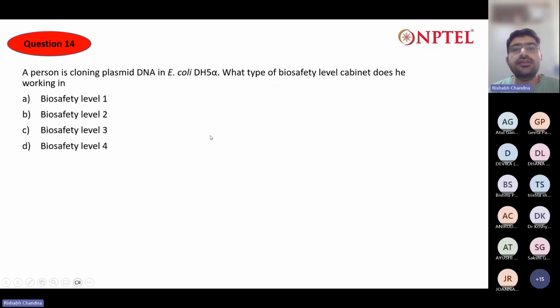So this is related to the biosafety levels that we study for different organisms. A person is cloning plasmid DNA in E. coli DH5 alpha strain. Which type of biosafety level cabinet is he working in? BSL 1, 2, 3, or 4. Can anybody guess? So option B, BSL2. Okay.